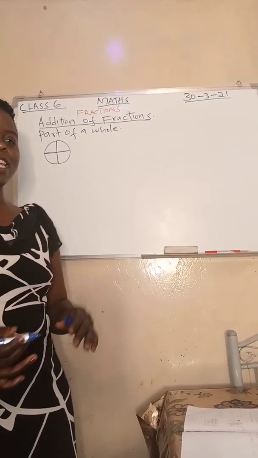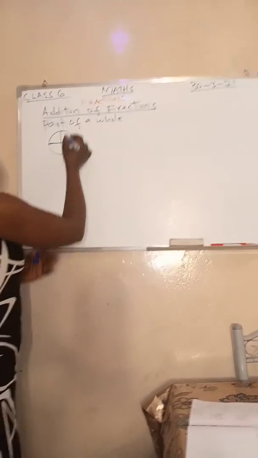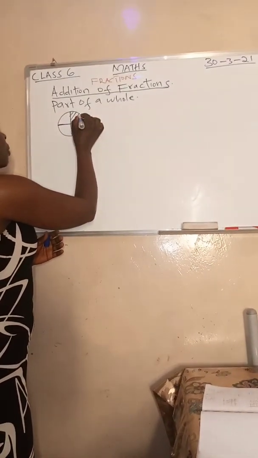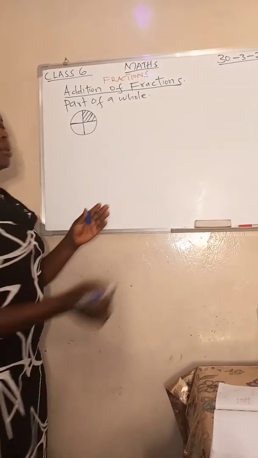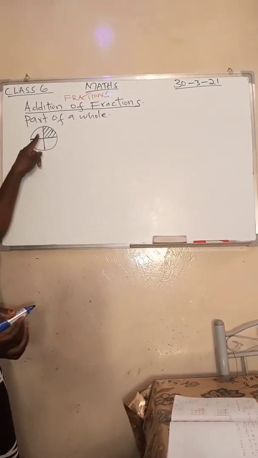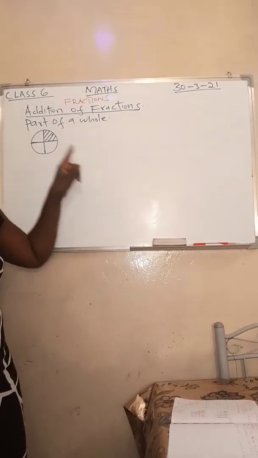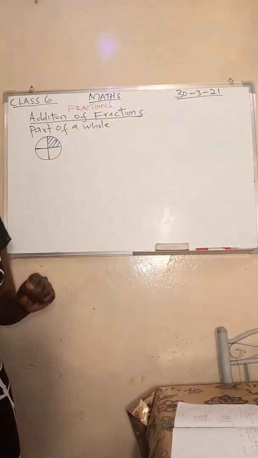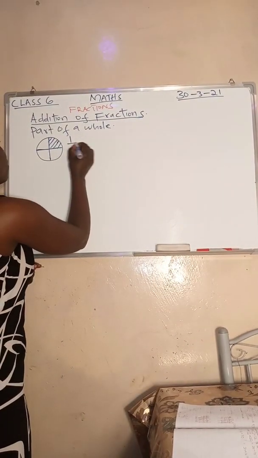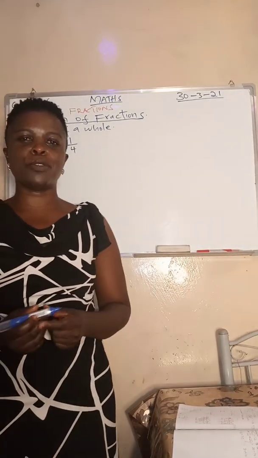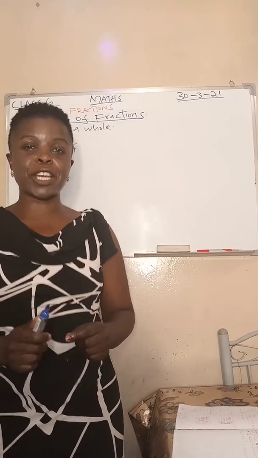Now when I divide them like that, and I decide to shade one part, this is a fraction already. It is a fraction which has 4 parts, but I've shaded only one part. So it means it is 1 shaded out of 4. So that is 1 over 4, which we can also call a quarter. That's just an example of what a fraction is.